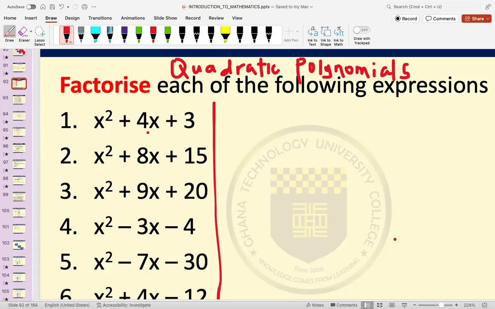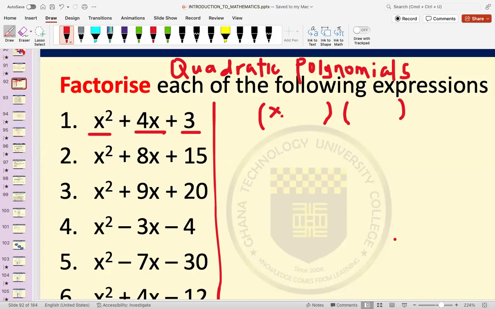Now, a quadratic has three terms: 1, 2, 3. But the packaging we want to do, which are the two brackets, you are going to have four members.